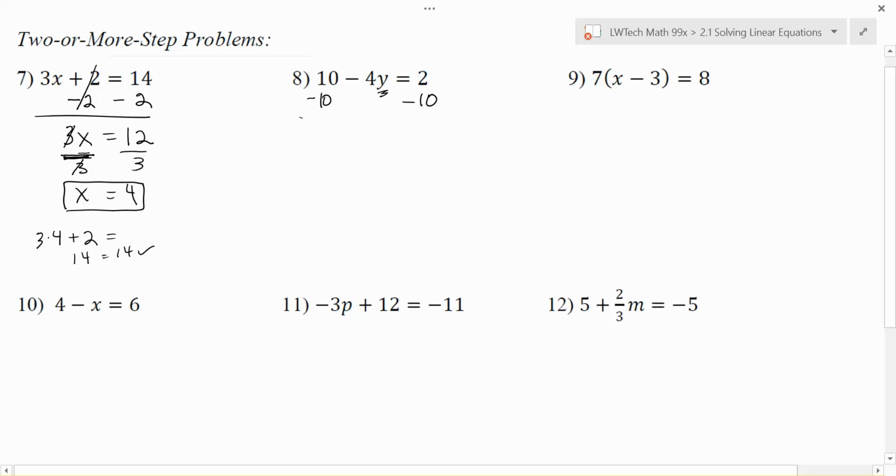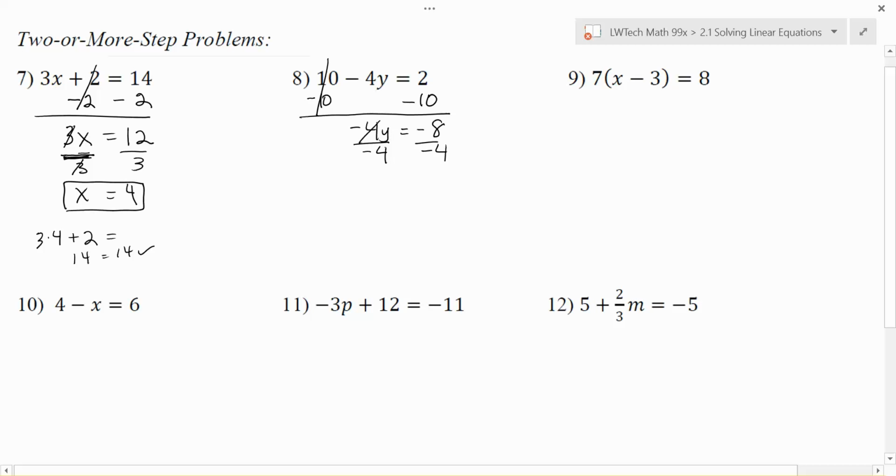Here the 10 minus 10 will give me 0, and that will drop out, and then I'll have negative 4y on one side of the equation, and on the other side 2 minus 10 will give me a negative 8. Now to finish getting the y by itself, it's being multiplied by a negative 4, so we're going to divide both sides by negative 4.